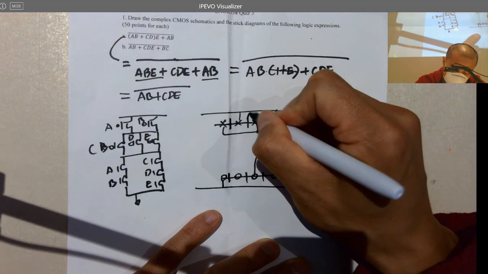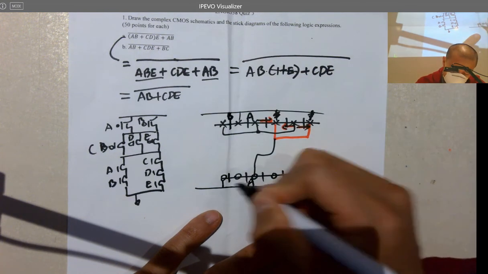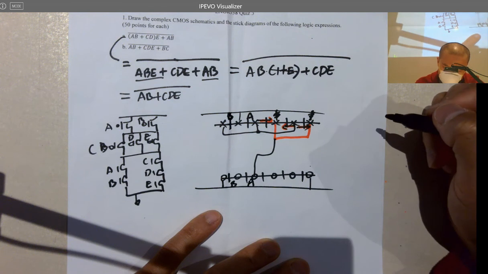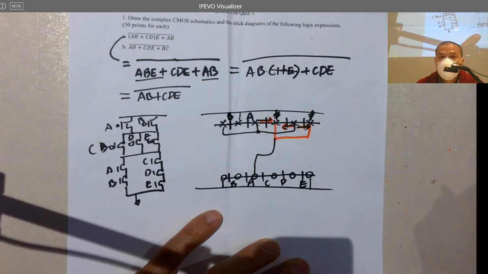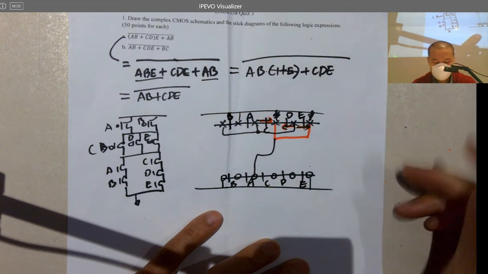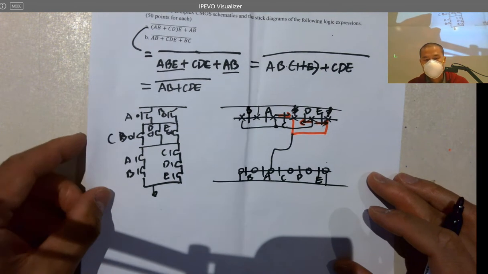I will say this is A, this is B. Because this must be A, this must be B. And C, D, E. C, D, E. Okay, that's how to do it to get the full credit.